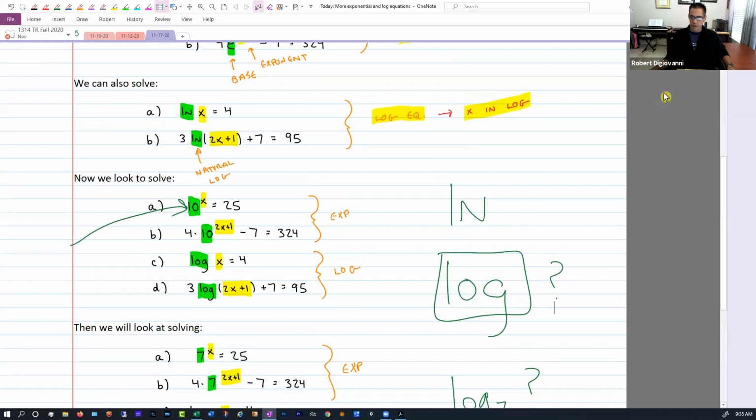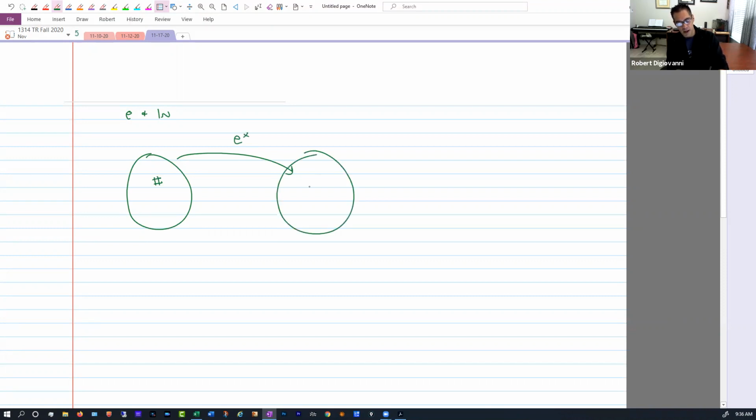So let's get into this. I'm going to remind you that the whole idea behind e and natural log was this. When we were looking at e and natural log, the idea was that if we started with some numbers and we sent it through the e function, it's going to spit out some numbers.